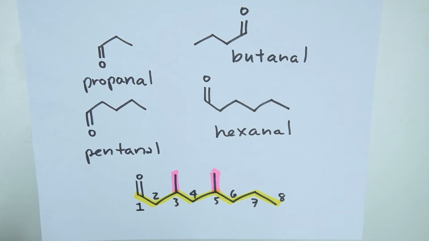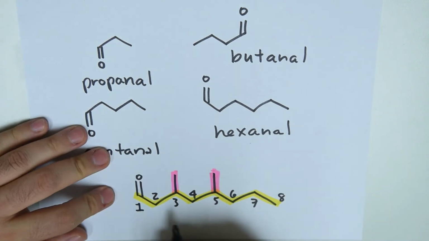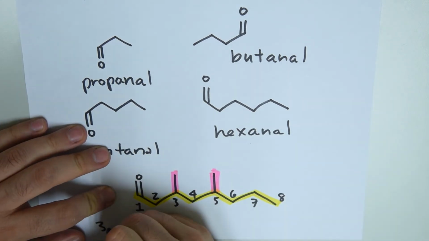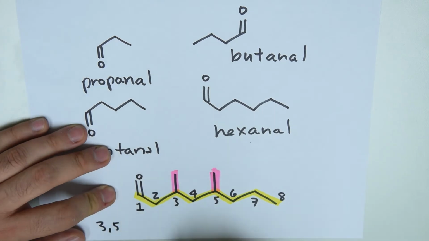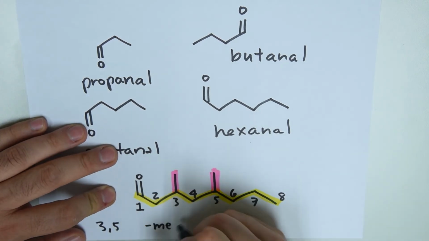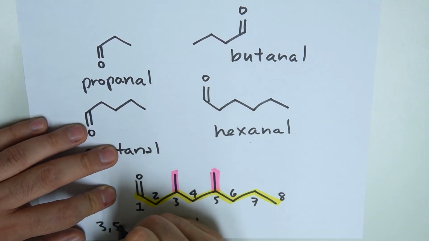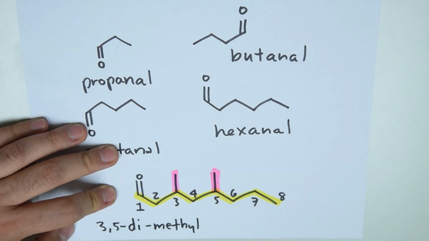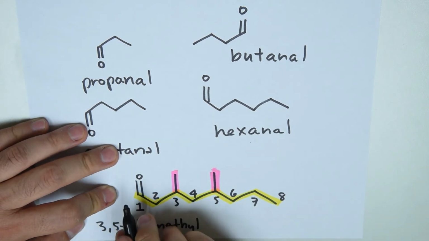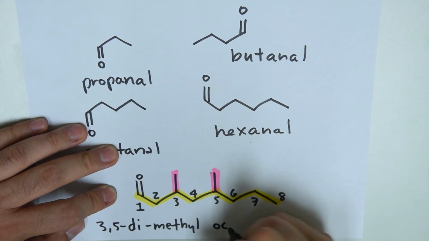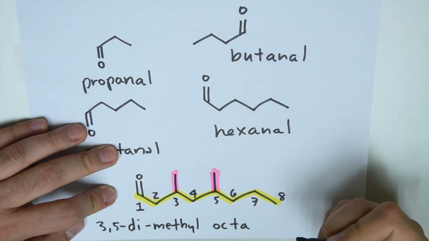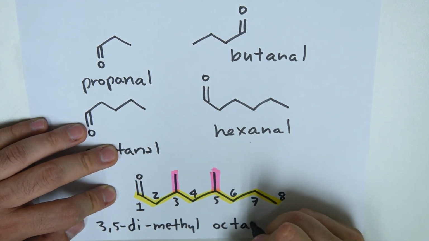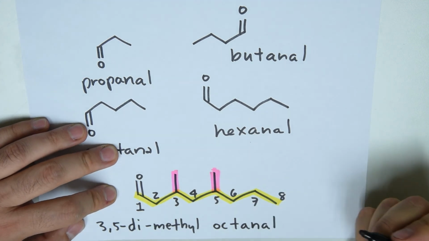And what do we get? First our substituents. At number 3 and at number 5, I have methyl. But since I have 2 methyls, because I have 2 locants, I'm going to add "di": 3,5-dimethyl, and then the name of the chain, which is octane, but we substitute that ending: 3,5-dimethyloctanal.